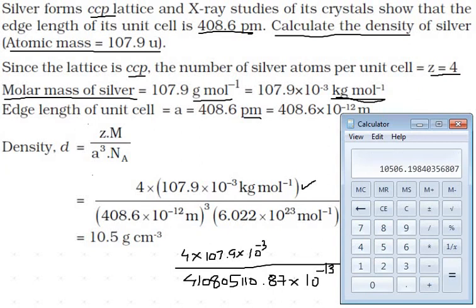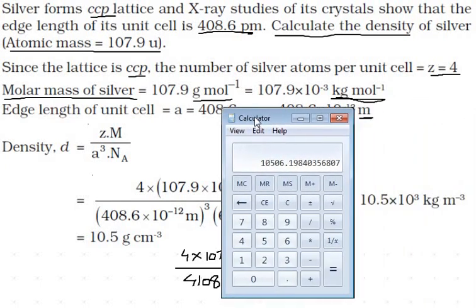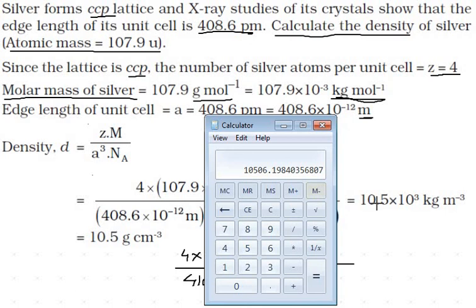And this comes to 10,506.90. Okay, now look at the answer. It is 10.5 into 10 to the power 3 kilogram per meter cube. So shall I write this as 10.5 into 10 to the power 3? It's the same value, 10.5 into 1000, so it becomes 10,500, which is very close to the value which we got.